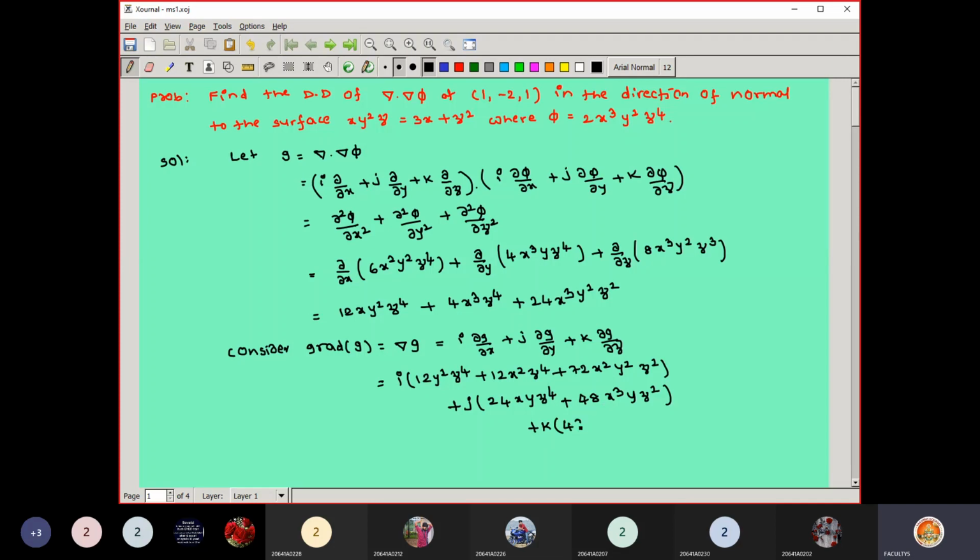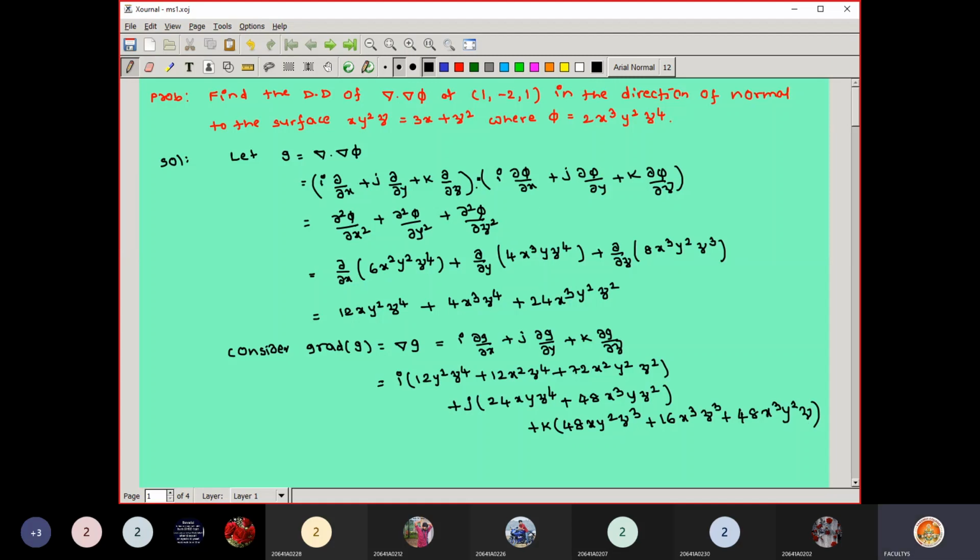So first term 48 x y square z cube. Similarly second term plus 16 x cube z cube. Last term plus 48 x cube y square z. So this is the differentiation corresponding to the given expression.